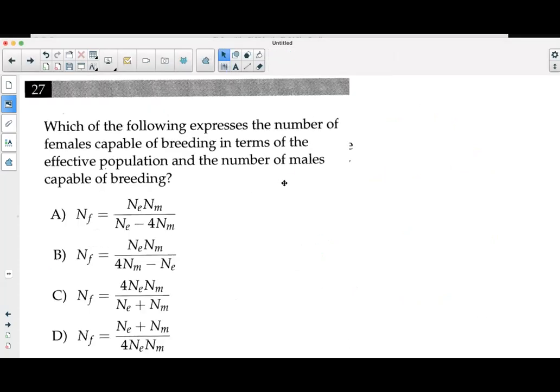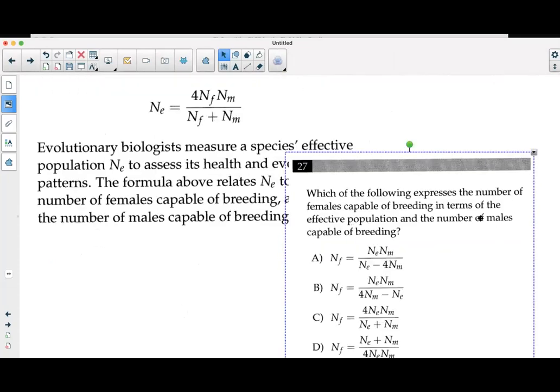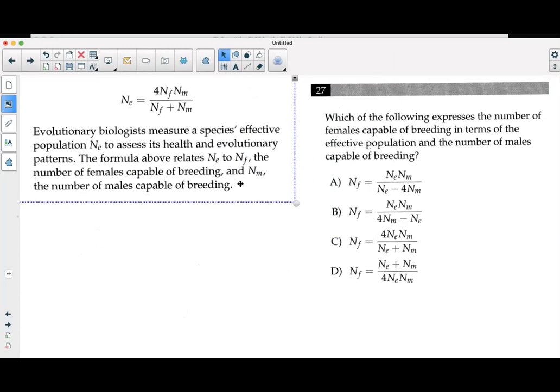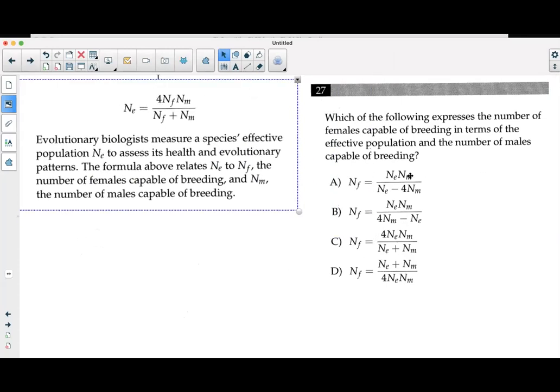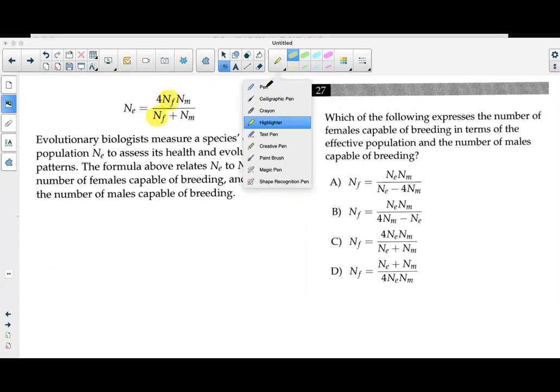So now here we have, what they're saying is from here they want you to solve for n sub f. That's basically what it is. Now notice you need to identify where n sub f is at. It's right over here and right over here. It's in the numerator and the denominator. Then your first step would have been to multiply them across.